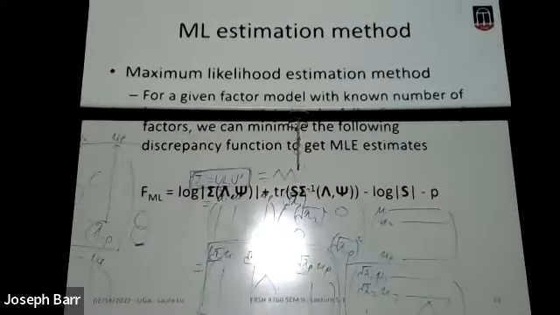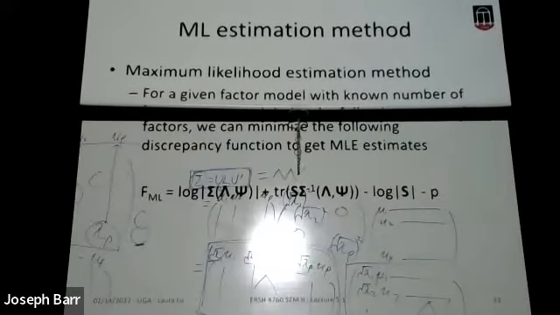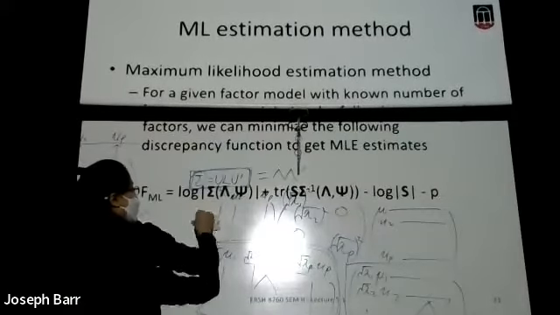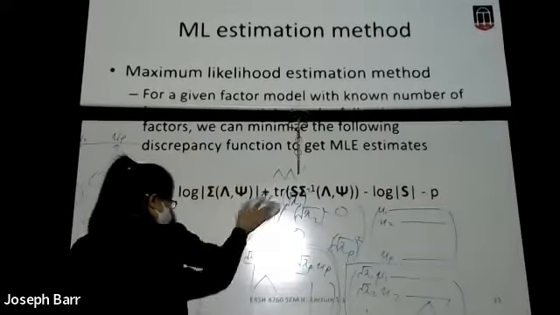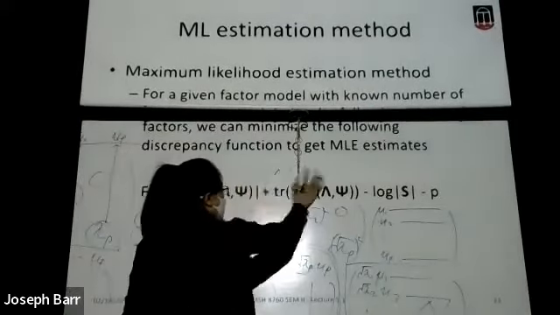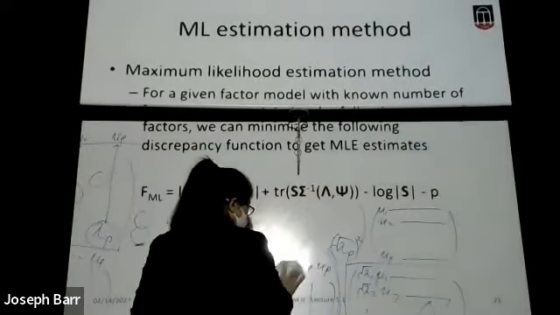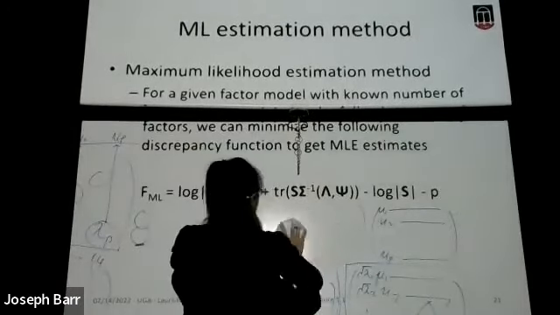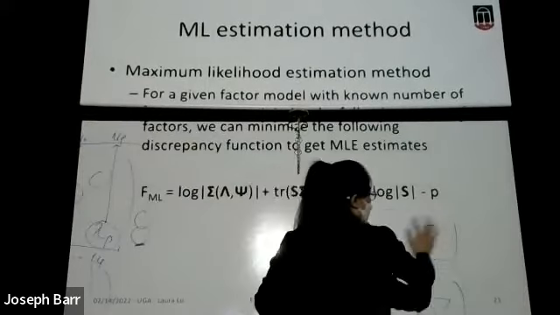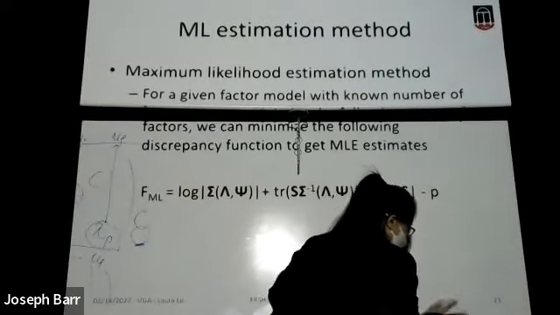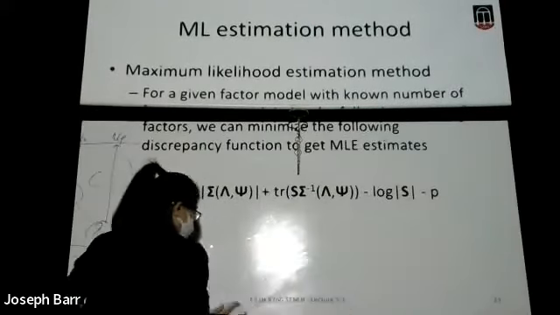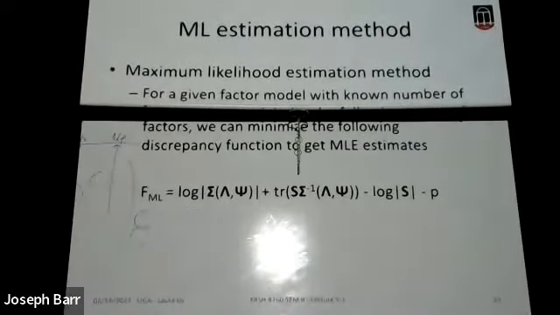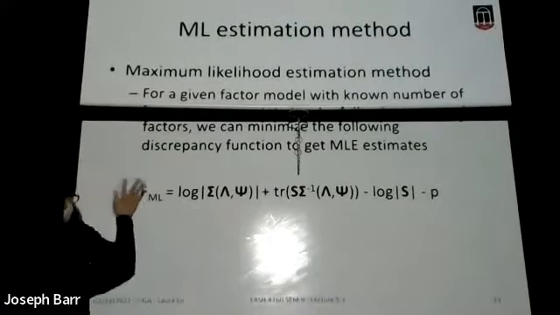For each specific model, we can just derive the capital sigma. Capital sigma actually is totally based on our model. So for mediation, for regression, or factor model, we all derive the capital sigma. The capital sigma of the factor model, you still remember the format.